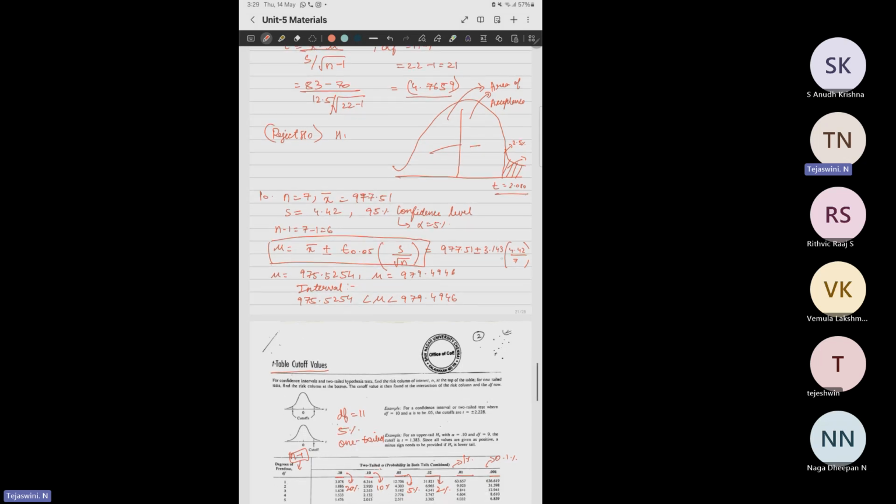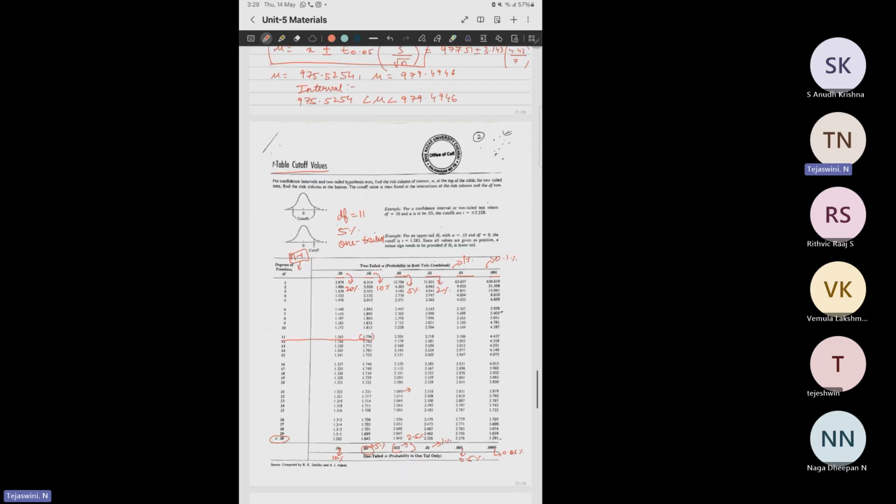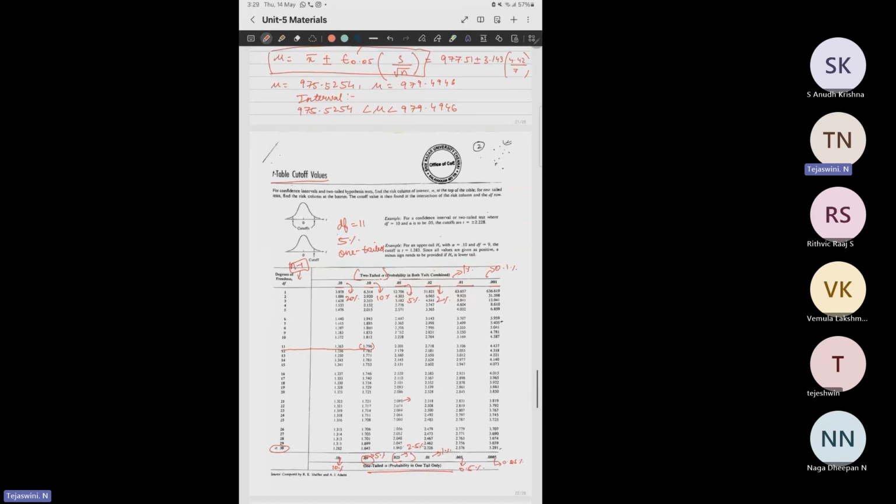Just substitute in this formula and we can get the answer. For this case we will generally have to use the two tail test. That is, we won't go for one tail, we'll look at two tail. So at 0.05 for two tail, for 6 degrees of freedom, sorry, I put a wrong value here. Actually the value will be 2.447.